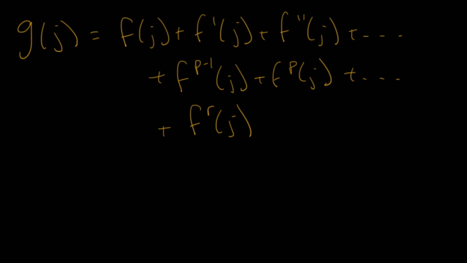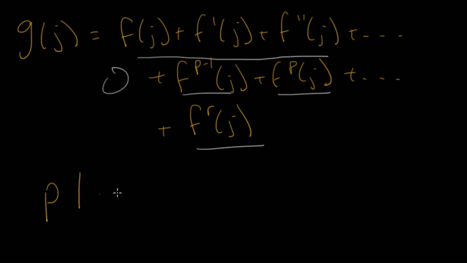And so we know that these are all going to be 0, and we know that these are divisible by p. So we can say that p divides g of j for values j equals 1, 2 to n.